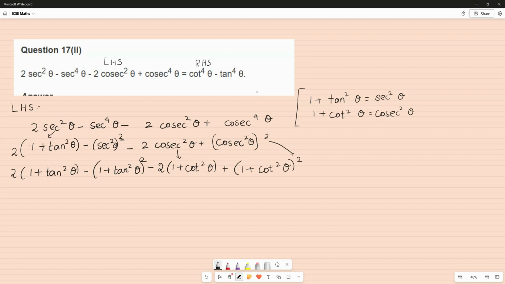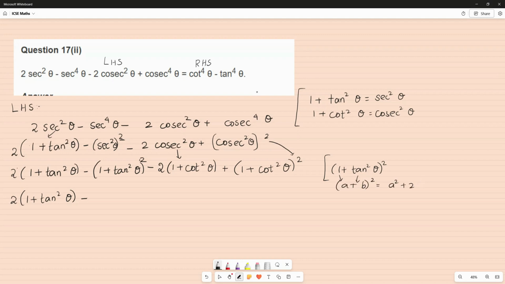Now we can expand everything. First we will expand both squares. 1 plus tan square theta, the whole square, is in the form of a plus b whole square. This is a, this is b. So a square plus 2ab plus b square.